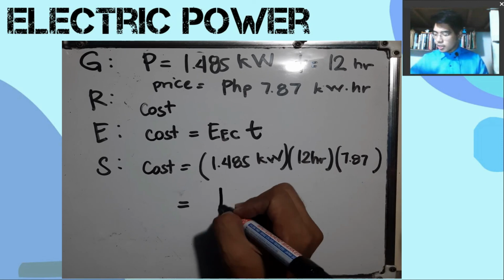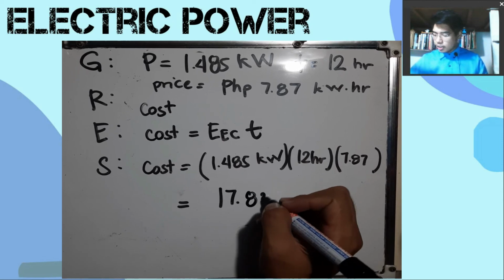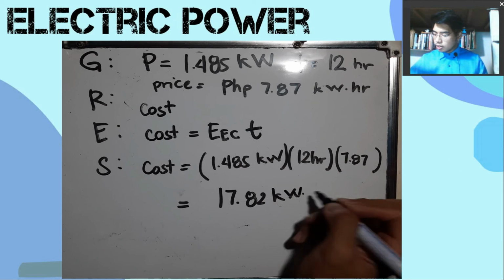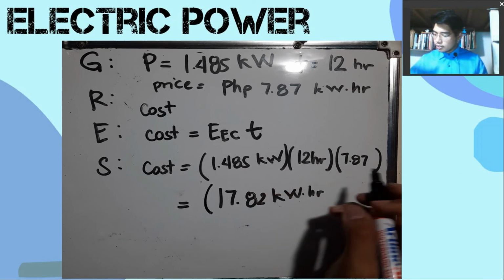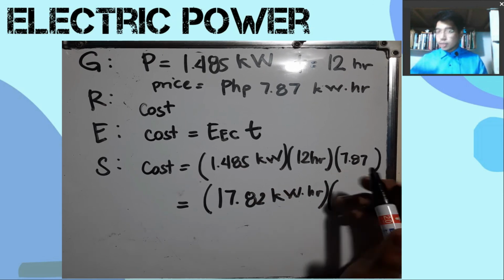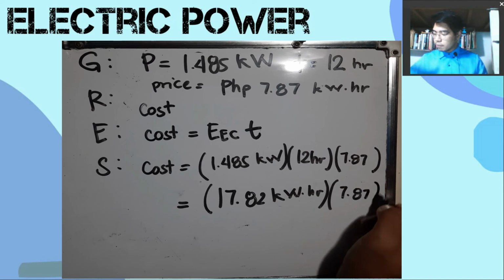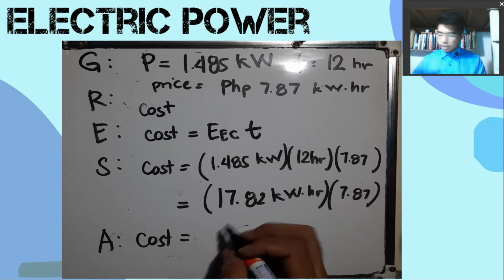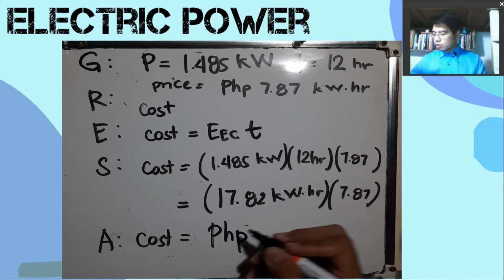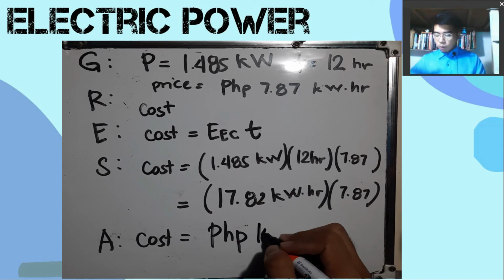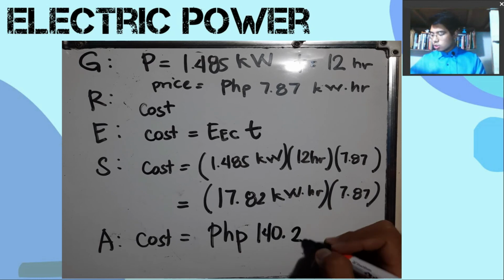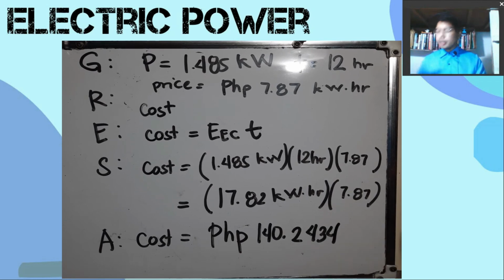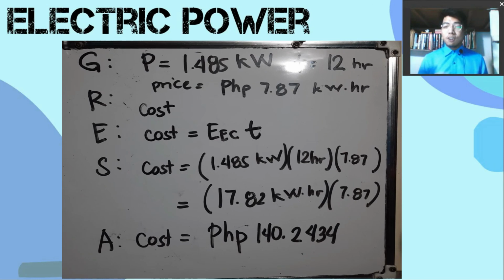It will give us 17.82 kilowatt hours. Then we're going to multiply it with the price, which is 7.87 pesos, which will give us the answer amounting to, do not forget the peso sign, 140.2434 pesos.